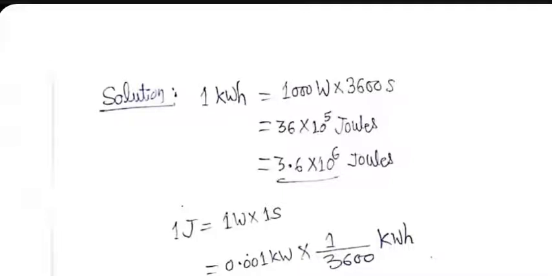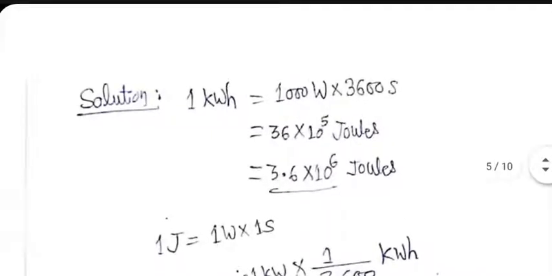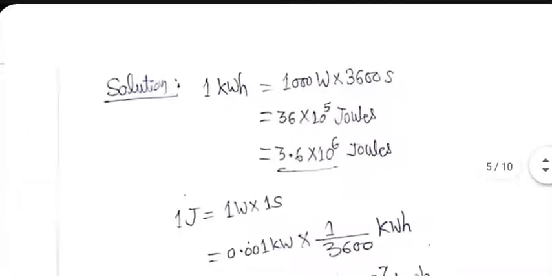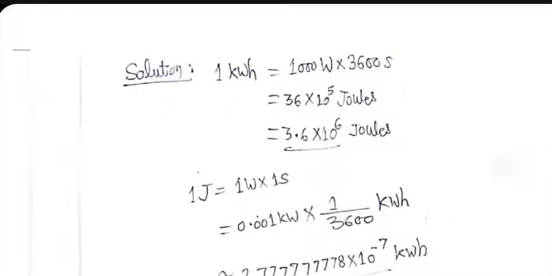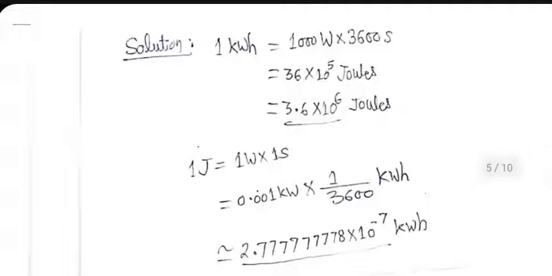Okay. So 1 kilowatt hour turns out to be 36 multiplied by 10 raised to the power 5 joules, which is 3.6 multiplied by 10 to the power 6 joules. And you can do the opposite. 1 joule will become 1 divided by 3.6 into 10 to the power 6.